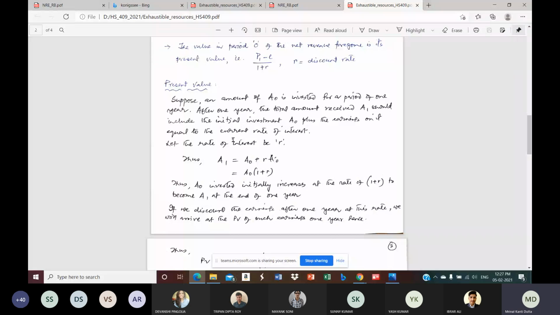For the third year, A3 by 1 plus R to the power 3, and that way it goes. For the nth period, the present value will be An by 1 plus R to the power n.